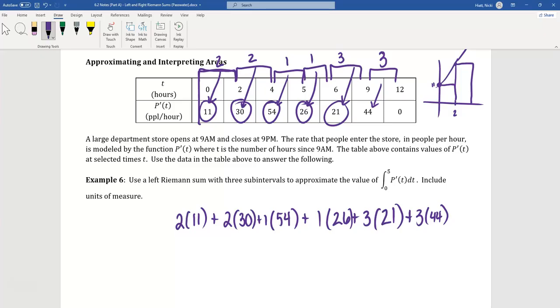Just try the front page, okay? On number 3, you don't have to really tell me about the meaning of it because we didn't really get into that too much today. But just try the front page. It might be helpful to graph these points right here, to like get yourself a little graph over to the side, and that might help you see what the rectangles look like. So try the front page. You don't have to do the back. We will finish up these notes and then start into the midpoint and trapezoidal rule tomorrow.